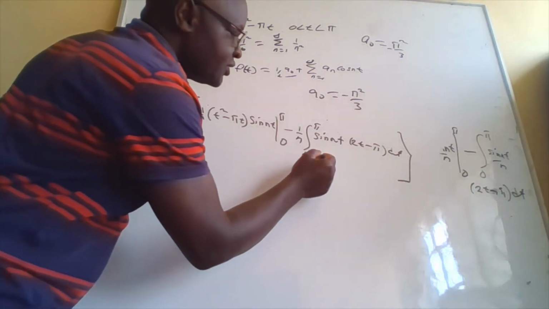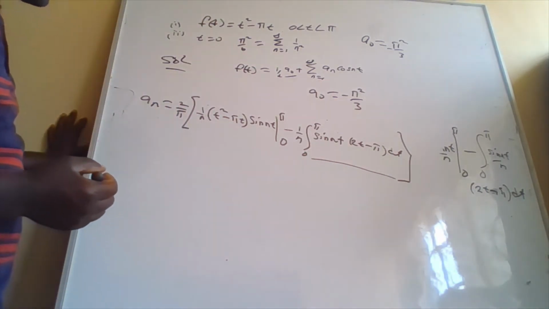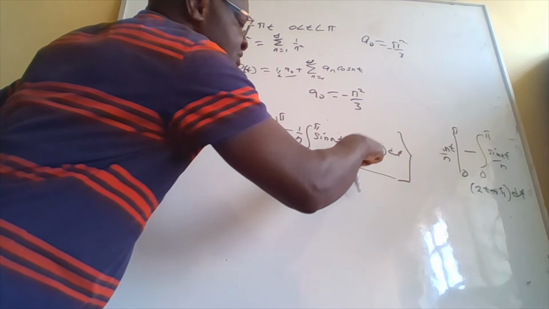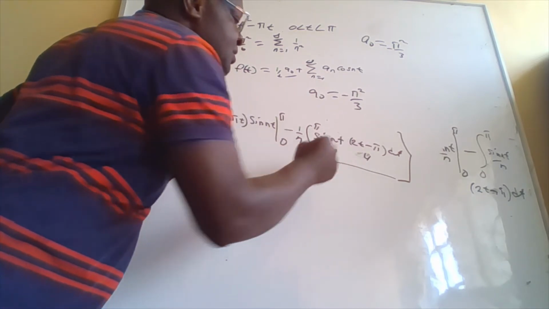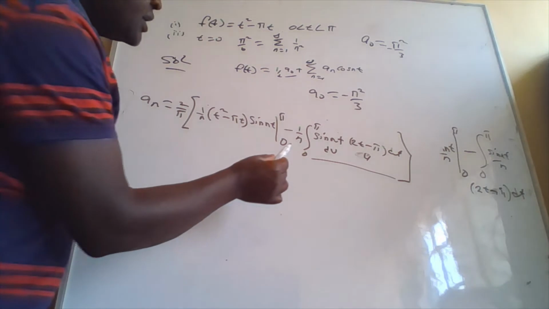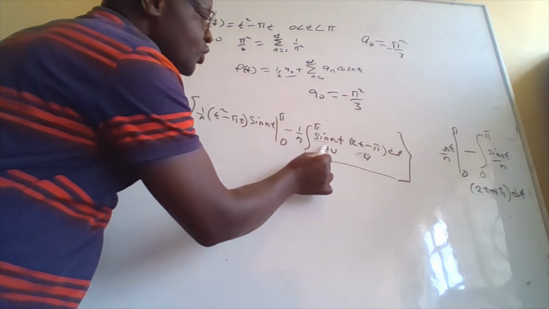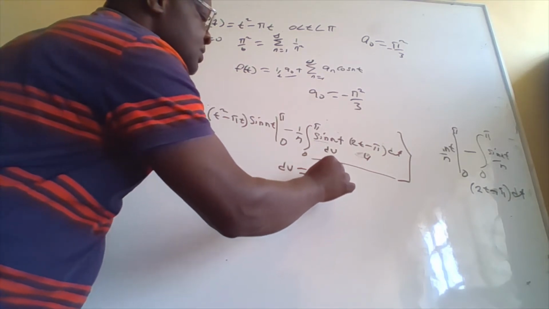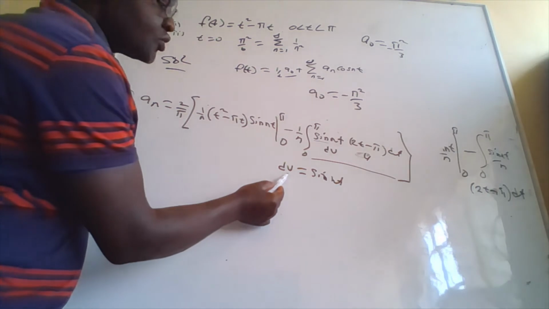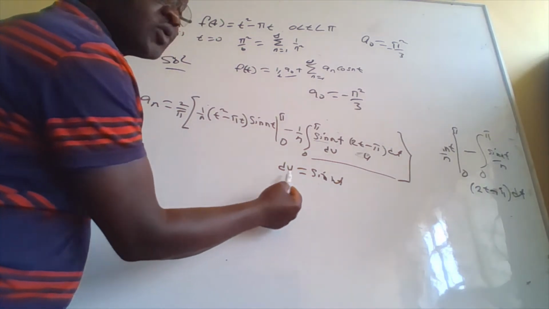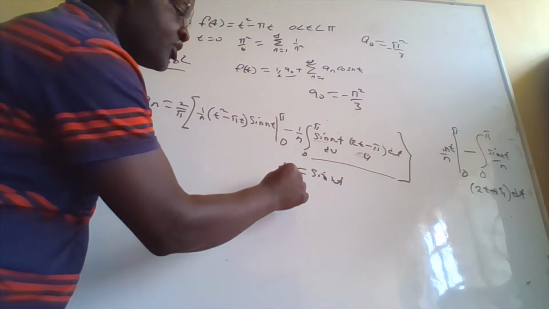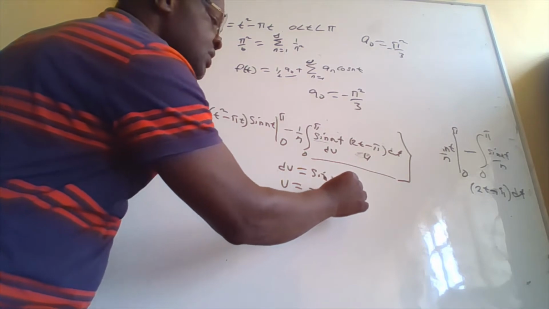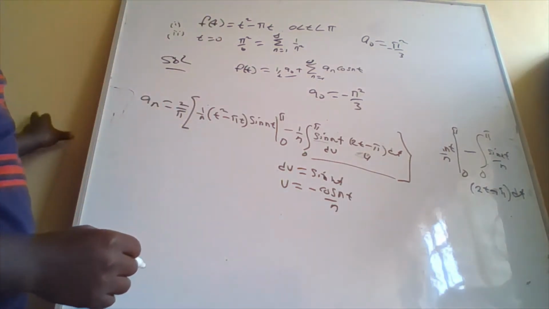So again, we integrate these by parts. So this will be our u, and then this one will be our dv. So we have dv equals to sine nt. So to get the value of v here, we integrate on both sides of this equation. Therefore, v will be equal to, when you integrate sine nt, you get minus cos nt all over n.